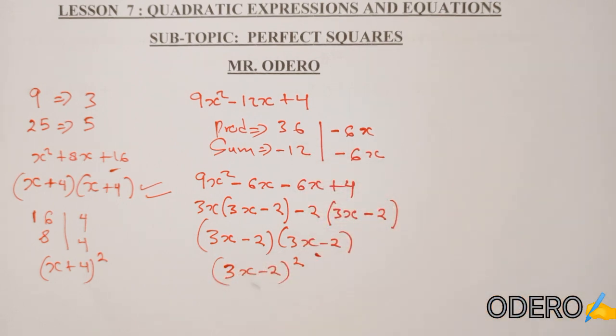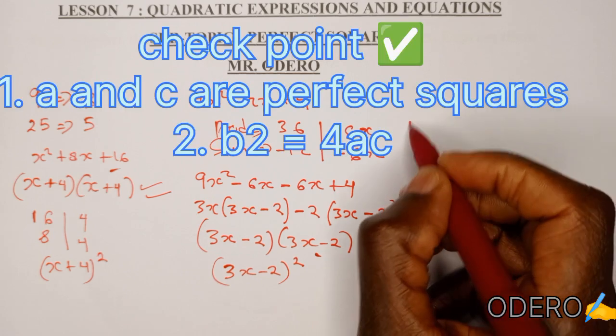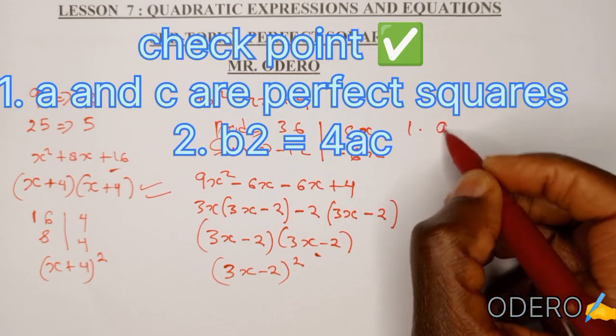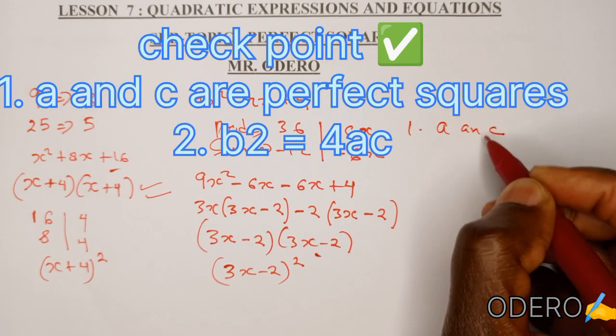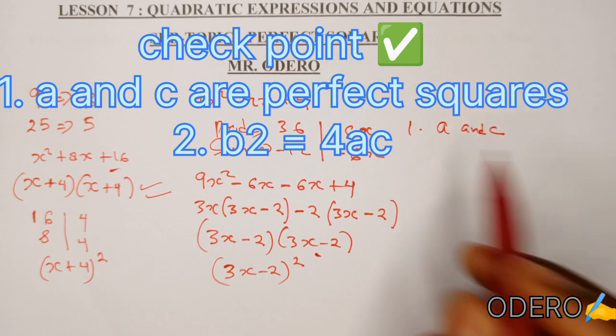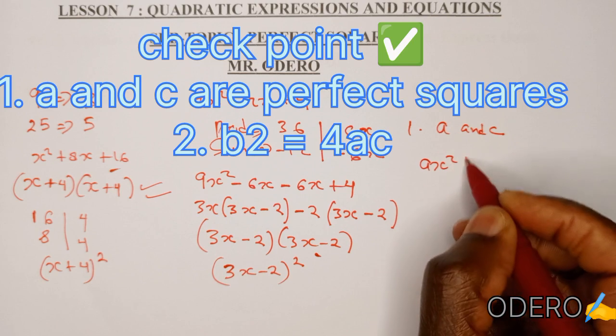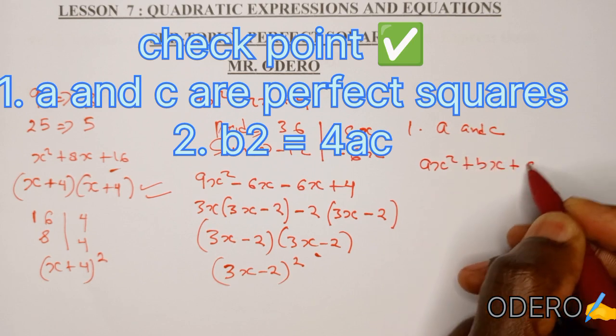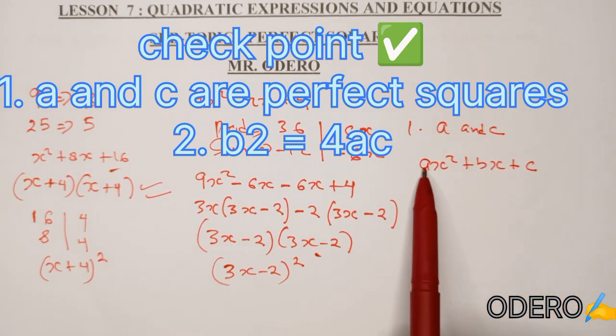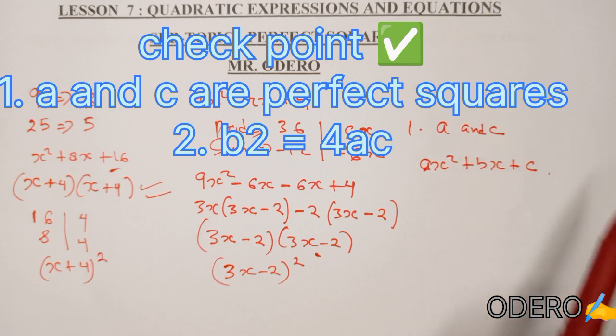We can use two parameters. One, you check A and C. The general formula of a quadratic expression is ax squared plus bx plus c, so you always check A and C. If A and C are perfect squares, then that is the first parameter.